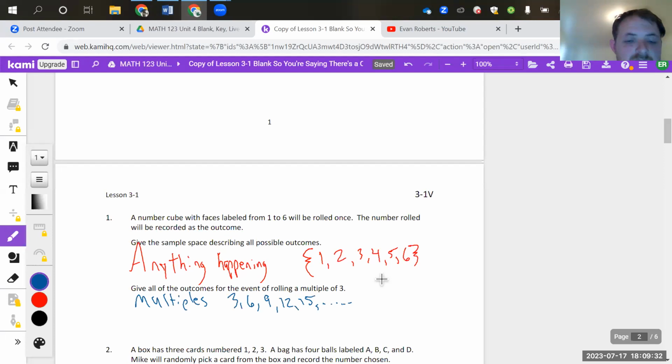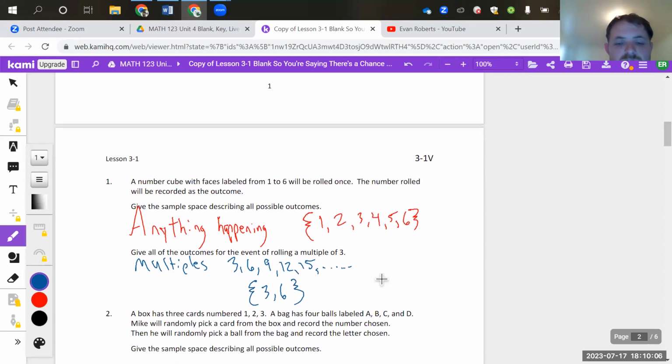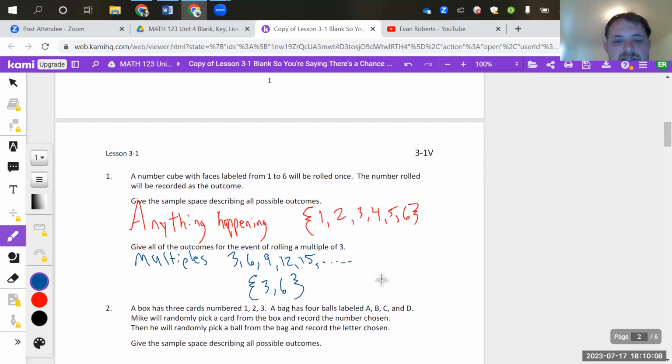You just have a 6-sided die. And so the only outcomes that could specifically happen would be a 3 and a 6. Okay, you can't roll a 9, you can't roll a 15, you can't roll a 21. And so 3 and 6 is specifically the outcomes within that event of rolling a multiple of 3. Again, try not to get too bogged down with the difference between an outcome and event. Really, you just need to know what's possible in your specific scenario.